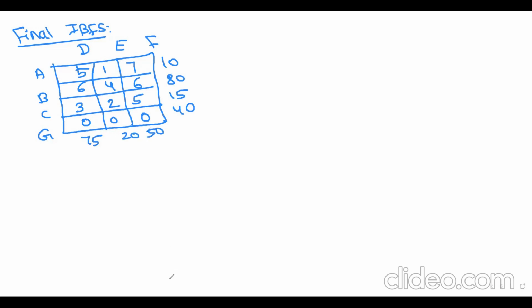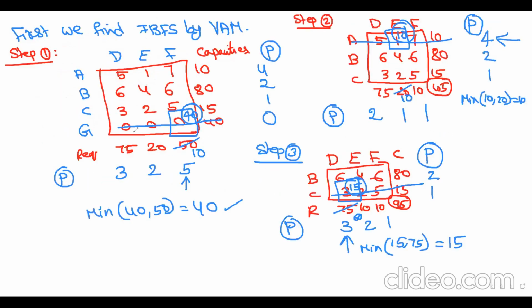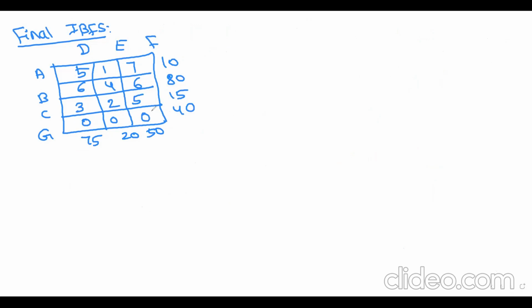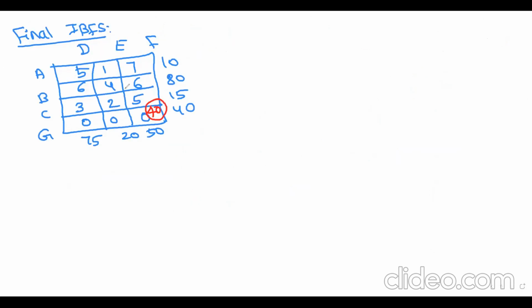Now I'll write the allocations by using VAM. Step 1, I gave GF 40. Step 2, I gave AE 10.